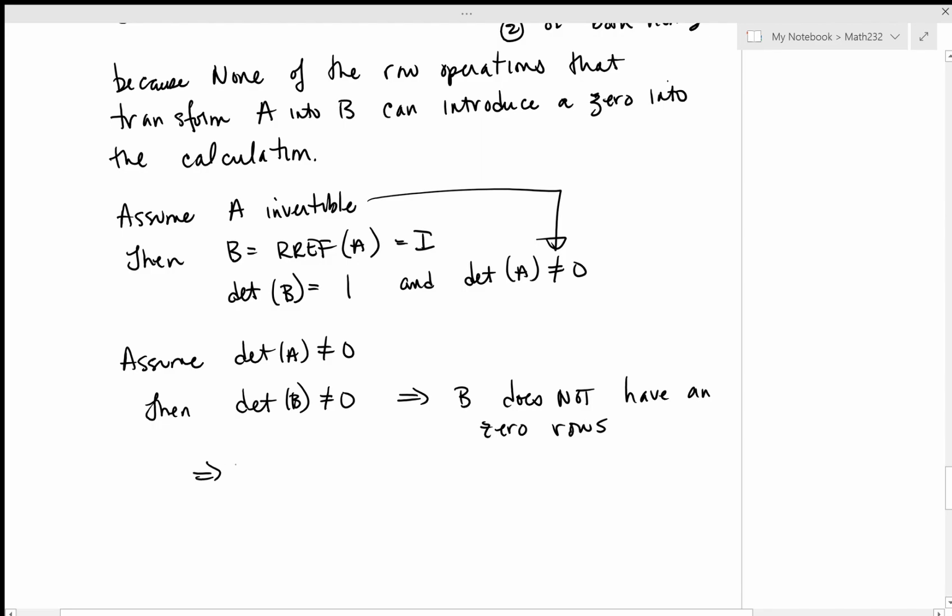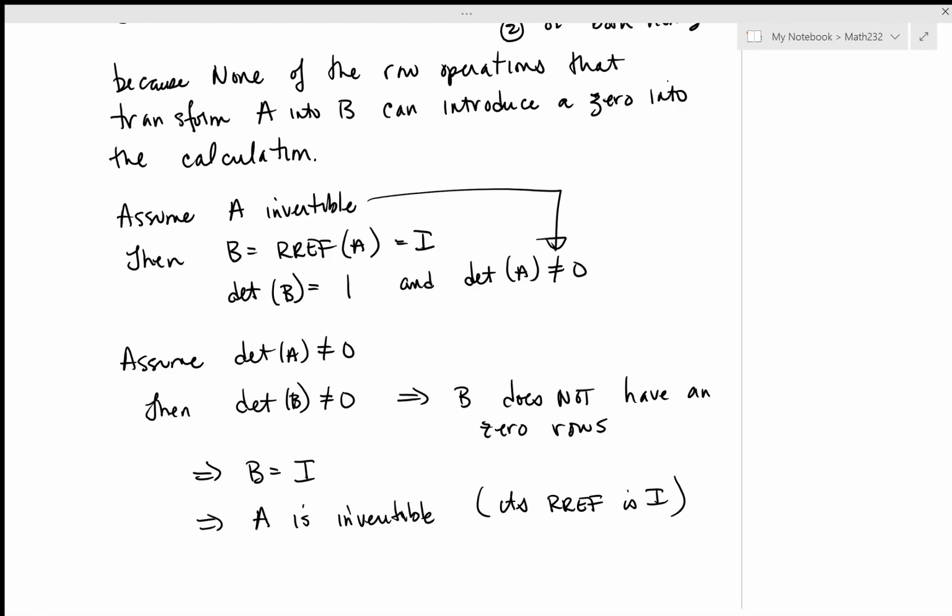That implies that B is equal to I, because B is a reduced row echelon form matrix, and if it doesn't have any 0 rows, the only other option is that it's I. Therefore, A is invertible. Why? Because its reduced row echelon form is I, another one of the items from our unifying theorem.